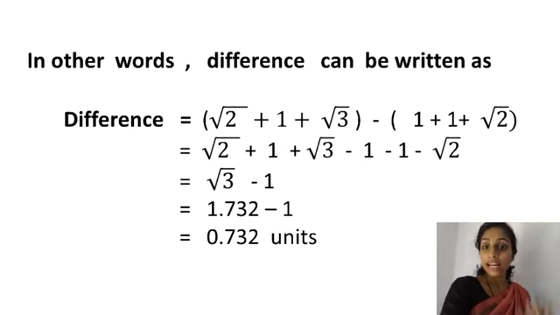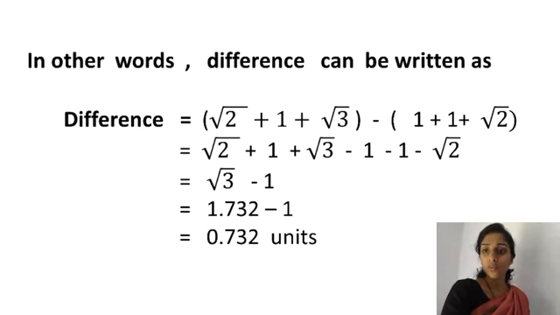So we are directly taking the difference of those perimeters, without finding the actual values. It is given as root 2 plus 1 plus root 3 minus the bracket 1 plus 1 plus root 2, which can be simplified.